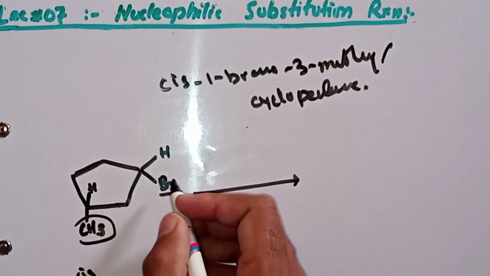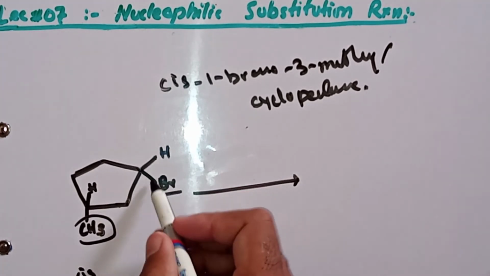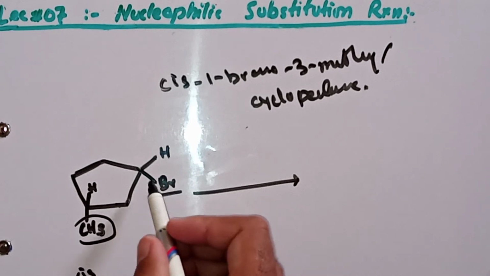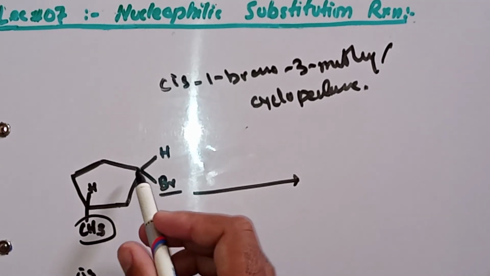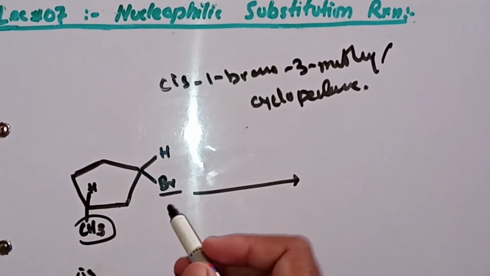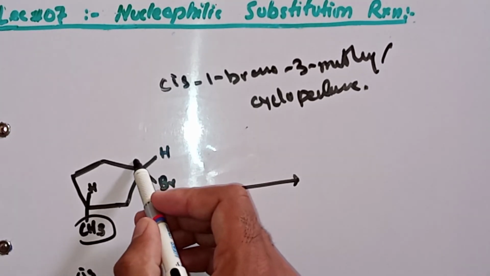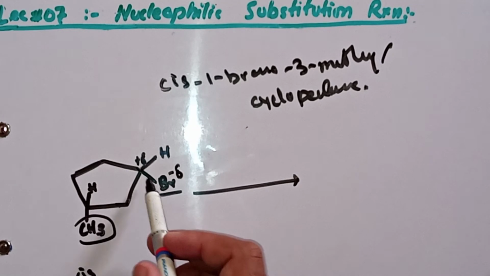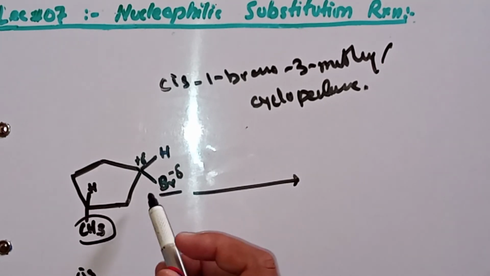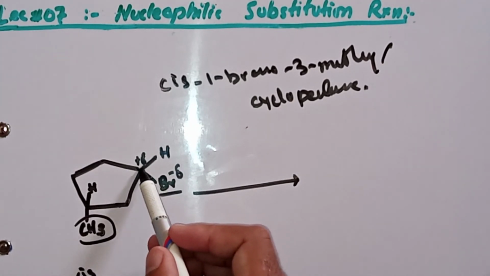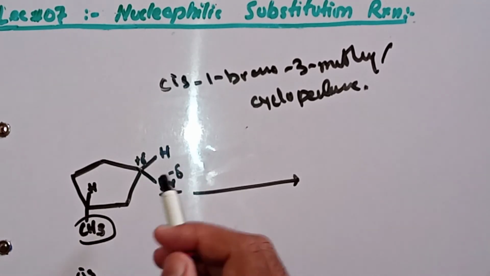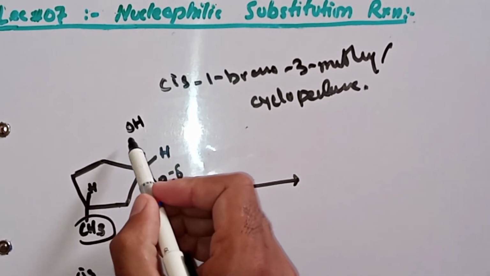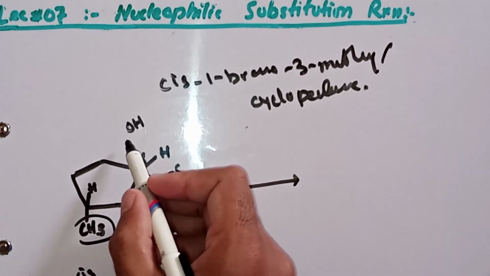This carbon is electrophilic because it is bonded with the highly electronegative element bromine. Bromine withdraws the electrons from the carbon and produces an electron deficiency on this carbon. So it gets a partial positive charge, and the bromine gets a partial negative charge, and the bond is polarized. That's why the carbon becomes electrophilic. So the nucleophile OH can attack this electrophilic carbon.